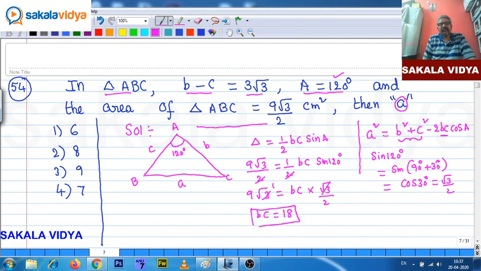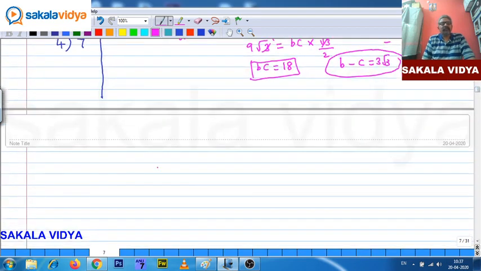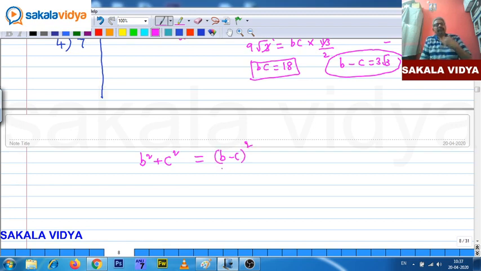We know bc, and b minus c is given. So b minus c is equal to 3 root 3. With the help of these two, now we need to find out b square plus c square. Let us write b minus c whole square. What is b minus c whole square? b square plus c square minus 2bc. I will write plus 2bc.